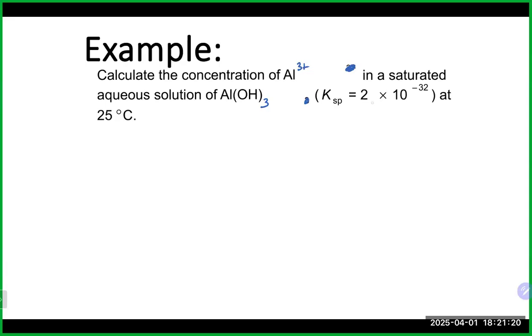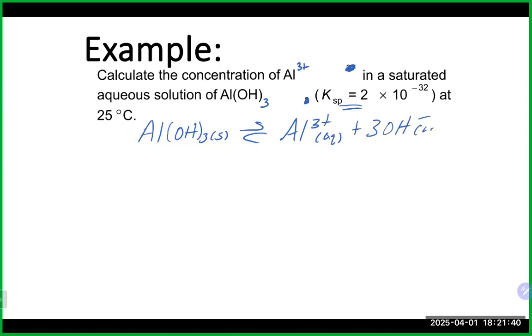Once again, we've got a Ksp, so usually we want to do an ICE table. This also tells me that the aluminum hydroxide is a solid. I'll write my equation where it breaks apart into ions, with 3 hydroxide.